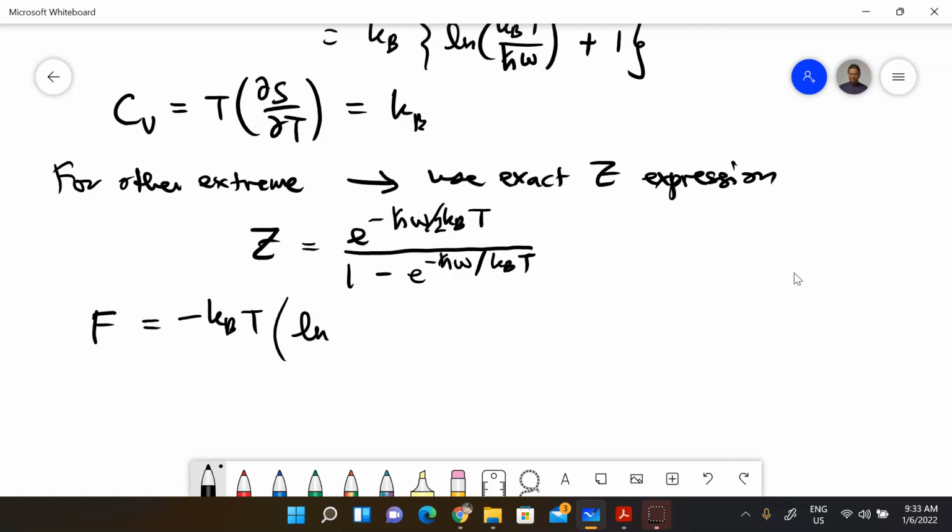The numerator, for example, log of e to the minus h bar omega on 2kBT, and for the denominator you have to put the minus sign because it's 1 over that. So that would be the log of 1 minus e to the minus h bar omega on 2kBT.